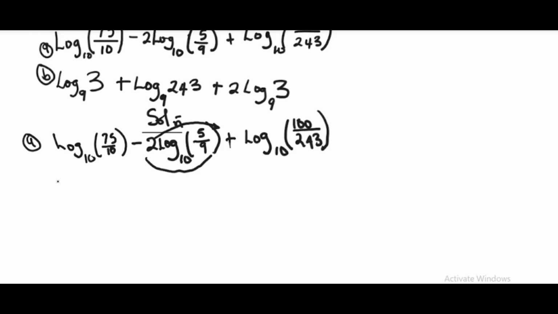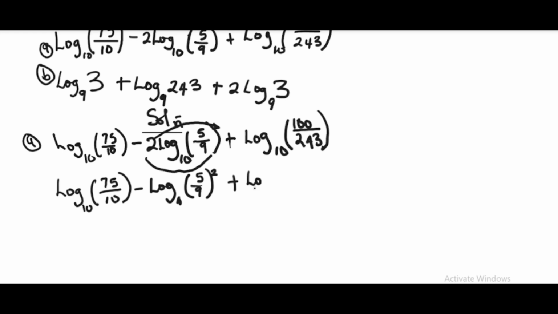That would give us the log of 75 over 10 in base 10 minus the log of 5 over 9 squared plus the log of 100 over 243. So since we have subtraction, let's go ahead and divide.